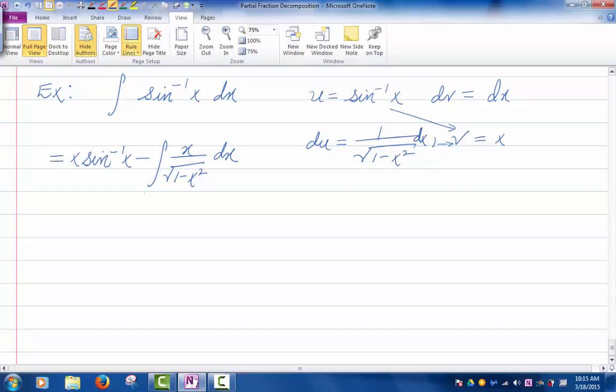And now how do I find the integral here? You do a substitution where you take u to be 1 minus x squared. This u is different from what we took u to be before. Then du is negative 2x dx, so negative half du would be x dx.